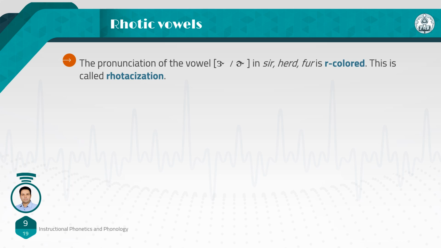In fact, the vowel can be said to be R-colored. It involves an additional feature called rhoticization. Just like high, low, and front, back, the feature rhoticization describes an auditory property, the R coloring of a vowel.